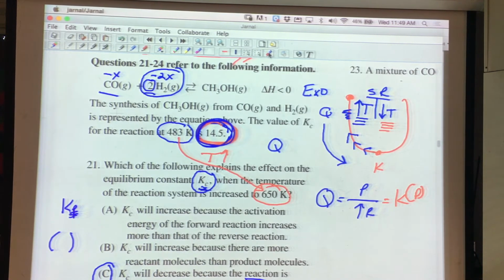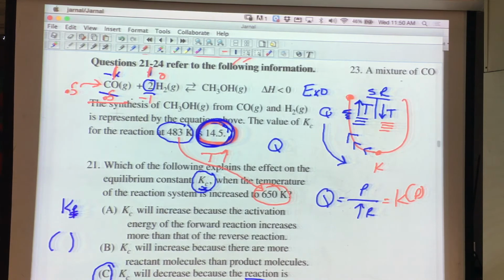And if you do the limiting reagent stuff, if this is 1 mole and this is 1 mole, and this is going to be minus 2x, that means it's going to lose all the 1 mole, right? So minus a mole, and this will lose half that, correct? So that would lose 0.5. What's remaining? Wouldn't it be 0.5 remaining for this guy? And 0 for that guy.